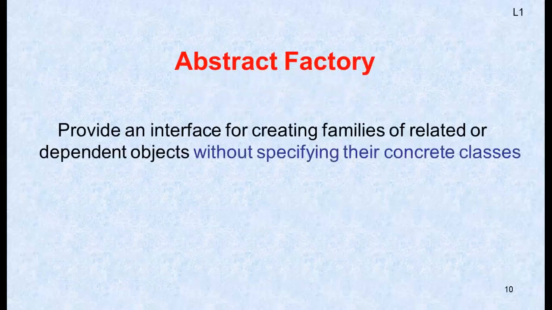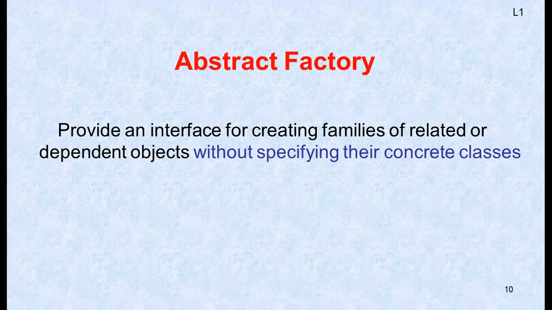Now, coming to the abstract factory pattern. It provides a level of indirection that abstracts the creation of families of related or dependent objects without directly specifying their concrete classes. The factory object has the responsibility for providing creation services for the entire platform family. The clients never create platform objects directly.